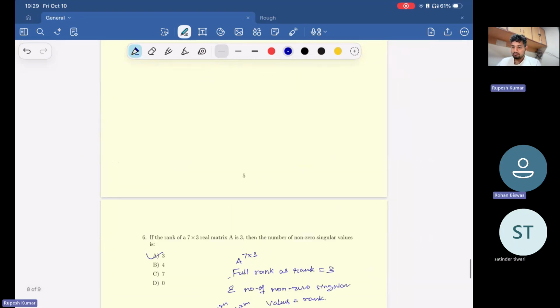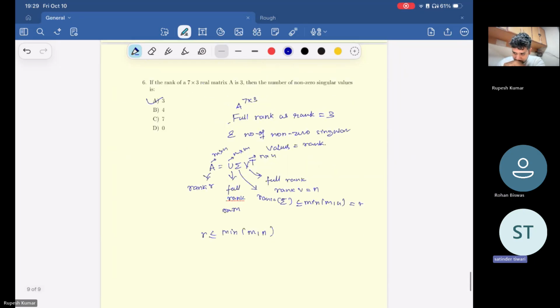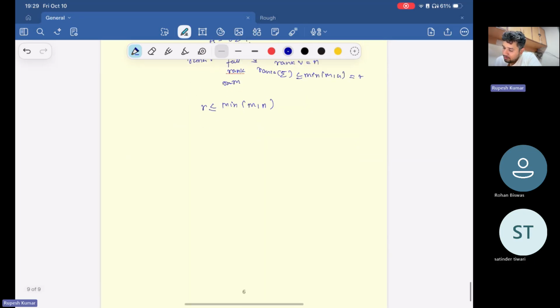Everything clear? Yes, sir. So we can also take this: if I'm not wrong, A can be written as the summation of sigma i times u i v i transpose, and each one is of rank 1. And since the rank of A is 3 or 4, whatever is given, each is rank one, so I think it will be rank 4 only, because it depends upon the sigma only, no?